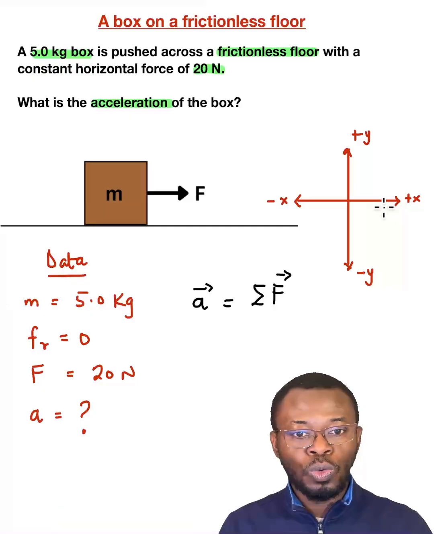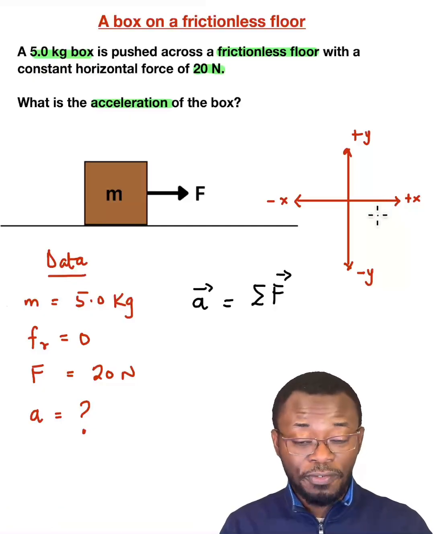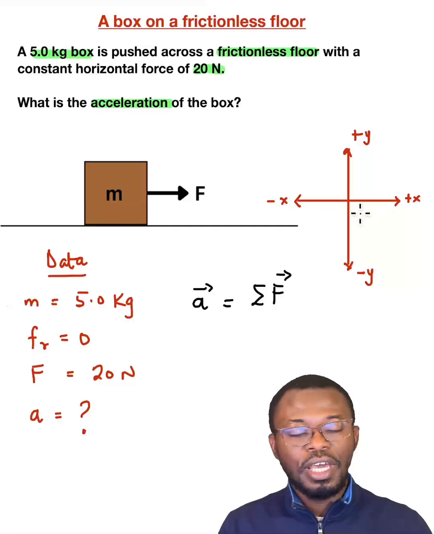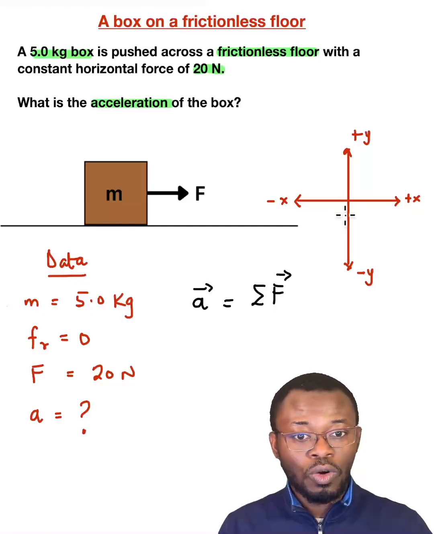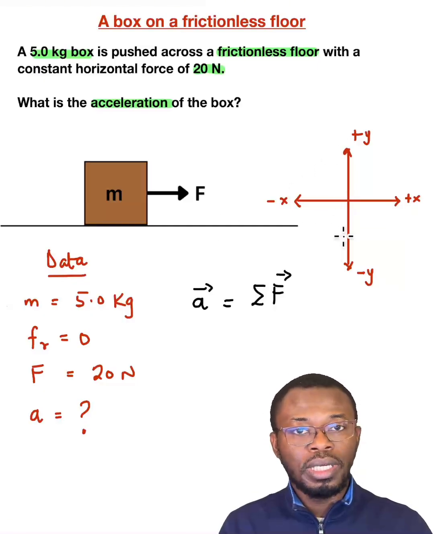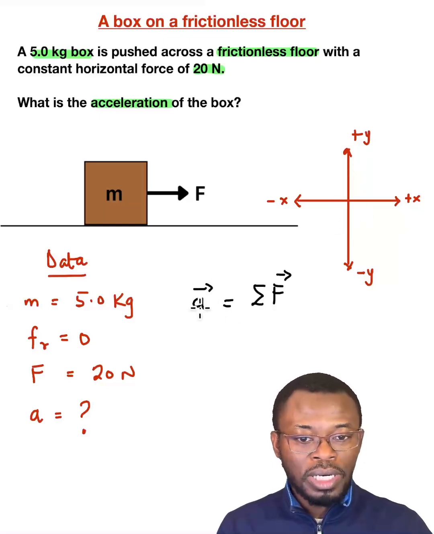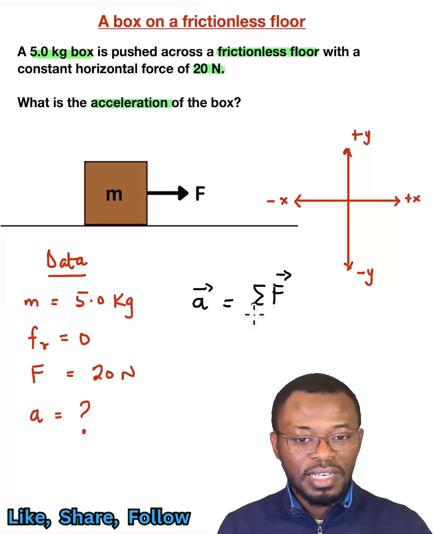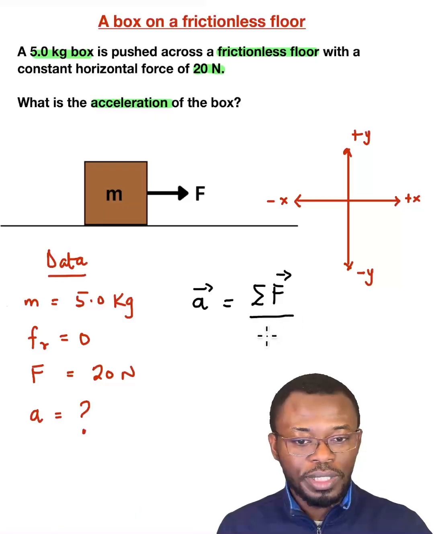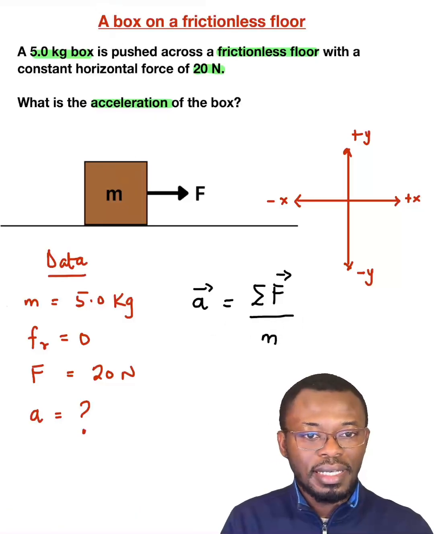If we are dealing with the horizontal component of the force, we consider the horizontal axis, the x-axis. If we are considering the vertical component of the motion, then we focus on the vertical axis. So back to Newton's second law, the acceleration is equal to the net force acting on the object divided by the mass of the object. So this is Newton's second law.